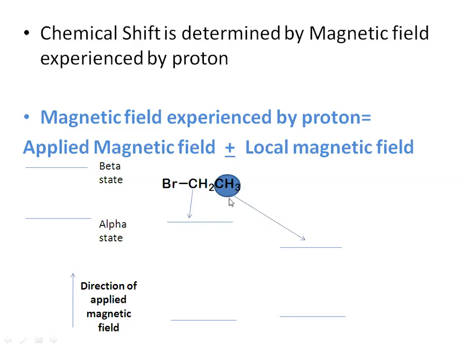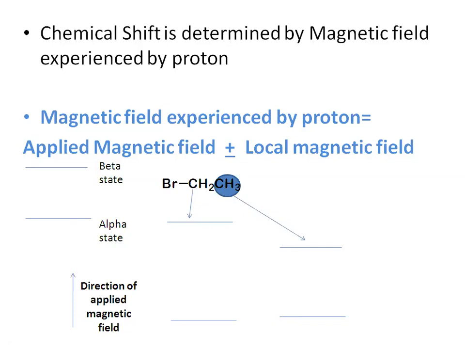So to bring this proton to resonance, naturally you have to apply more magnetic field. That's the reason you see that the methyl protons come at a lower chemical shift value, or the upfield position. It demands more magnetic field in comparison to the methyl proton. Now these are the electrons, either sigma electrons or pi electrons.